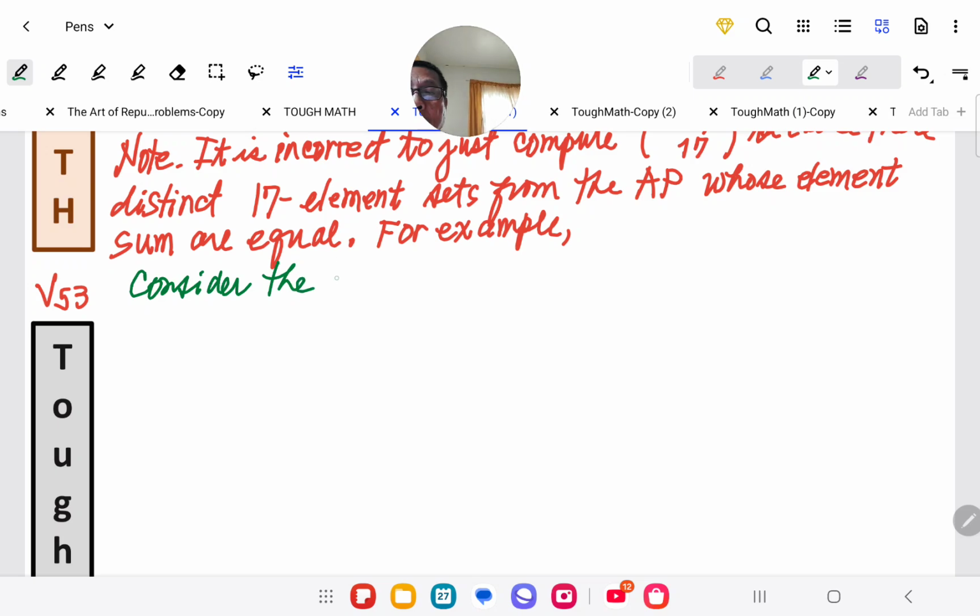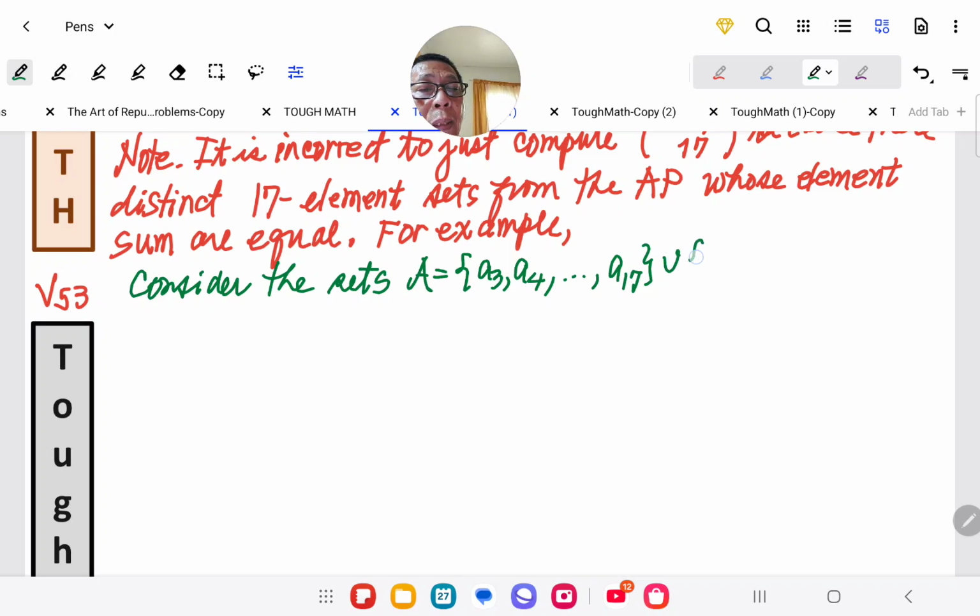Consider the set A whose elements are A sub 3, A sub 4, and so on until A sub 17. So there are only 15 elements here, but we need 2 more to make it 17.